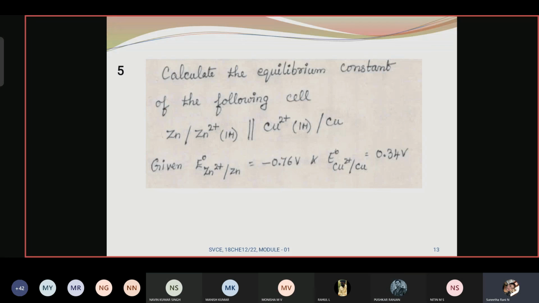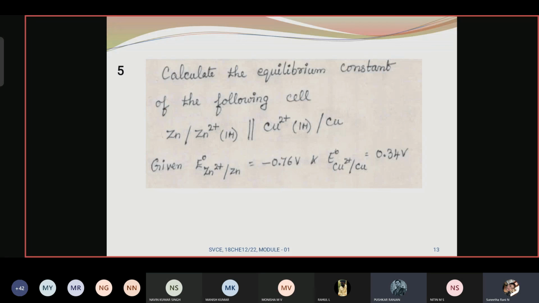So equilibrium constant means we have to find log K. The equation is log K equals n of E naught cell divided by 0.0591. Write down this equation.